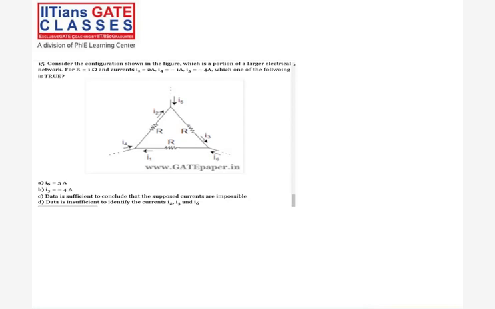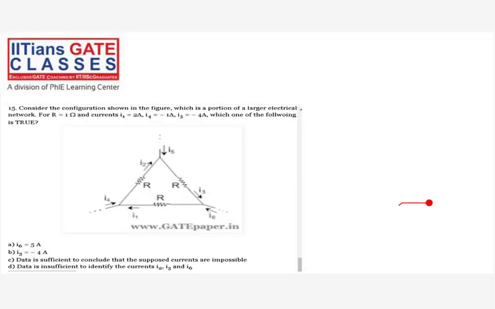Let me solve this one for you. So KVL is nothing but the voltage drops across any closed path is always 0, right? The voltage drop across any closed path is always 0.